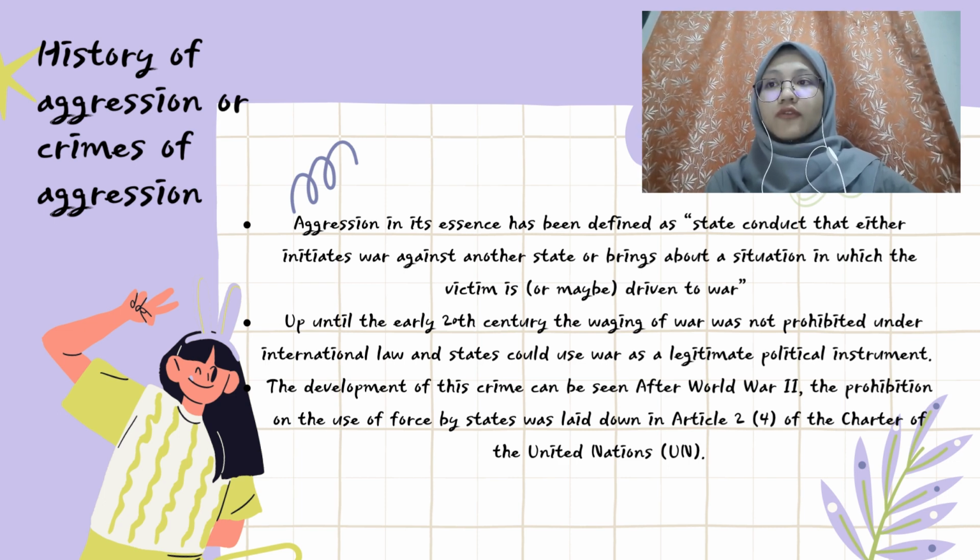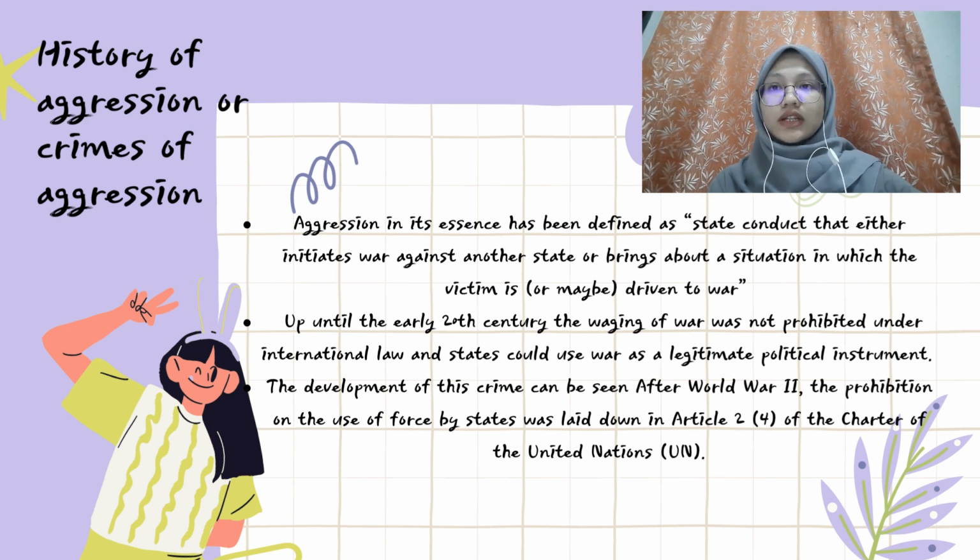The development of this crime can be seen after World War II. The prohibition on the use of force by states was laid down in Article 2(4) of the Charter of the United Nations, which prohibits the threat or use of force against the territorial integrity or political independence of any state. However, two exceptions were made.